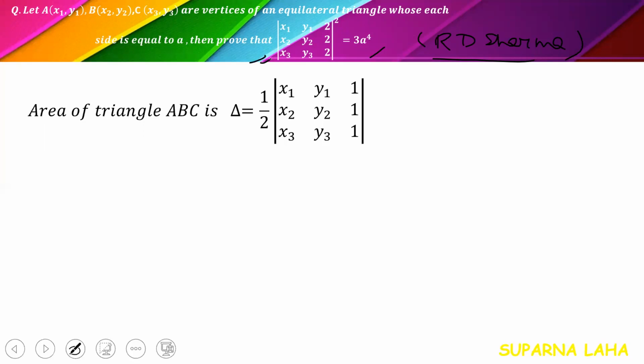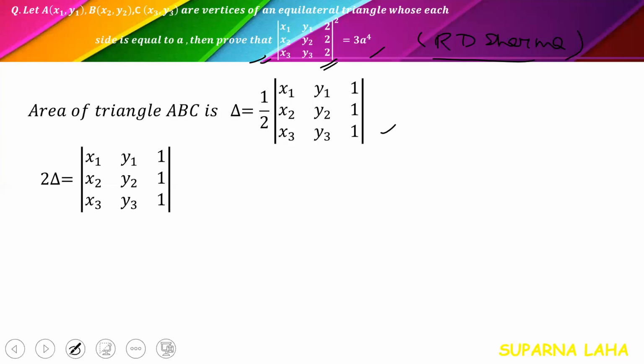So we know the area of a triangle. Put these points A, B, C and you can write down the area of the triangle. Now look here. This is x1, y1, x2, y2, x3, y3 and 1, 1, 1. But here look, this third column is given by 2, 2, 2. So firstly, simplify this determinant. That is 2 delta, where delta is taken as the area of triangle ABC.